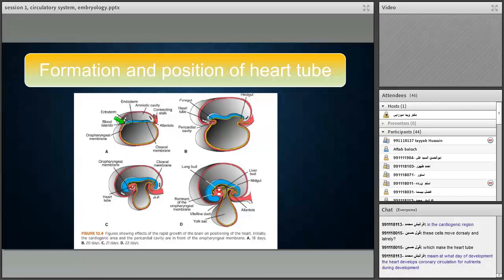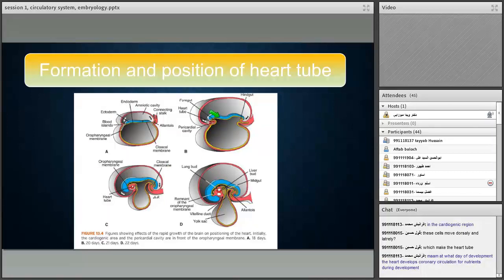Okay, let me continue. We said that these cells are placed on the rostral side of the oropharyngeal membrane. By the development of the neural tube and the vesicles of the brain, the ectoderm will grow.